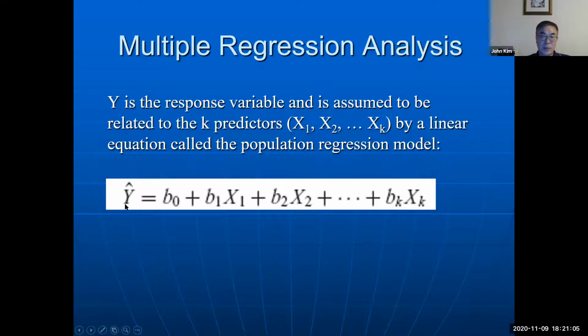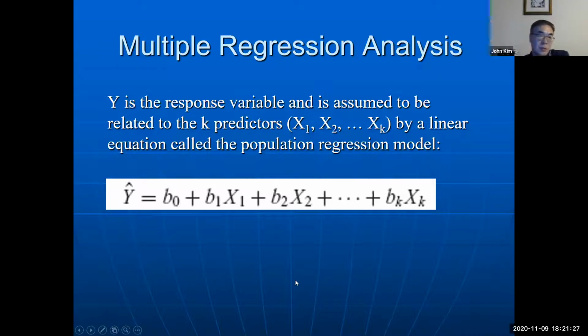It looks like this: y equals intercept, plus or minus depending on the slope, first variable slope, second variable slope, and so on.